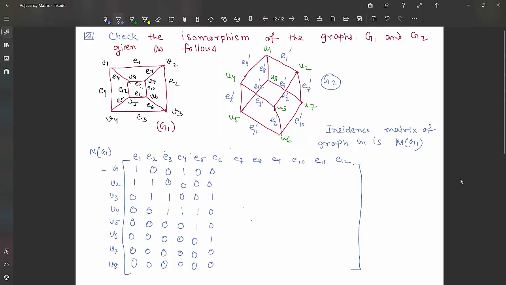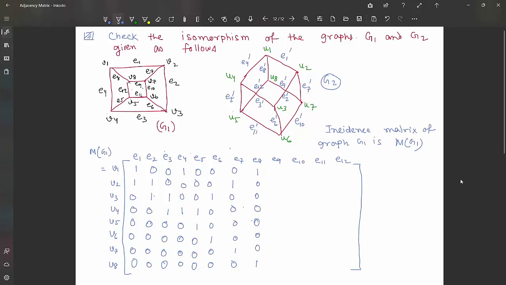E7 is connected with V2 and V7, and put the other values as 0. And E8 is connected with V1 and V8, and place the other values 0.